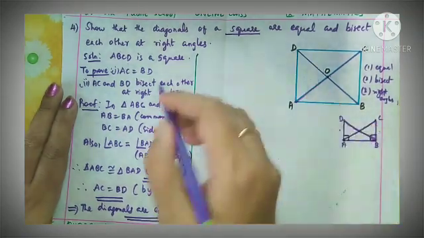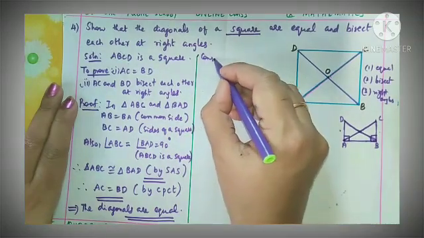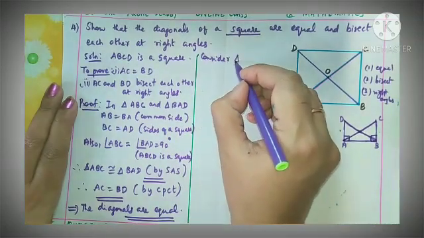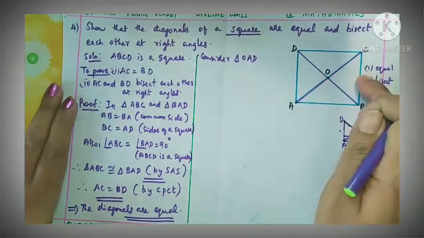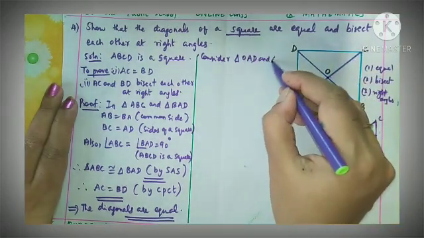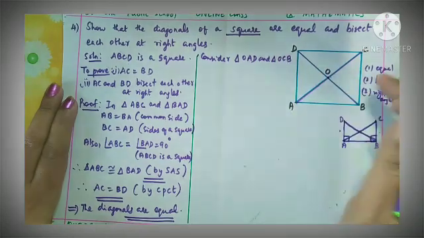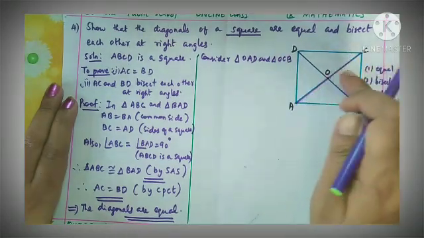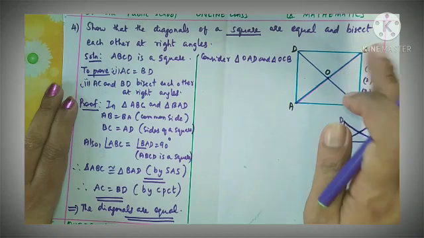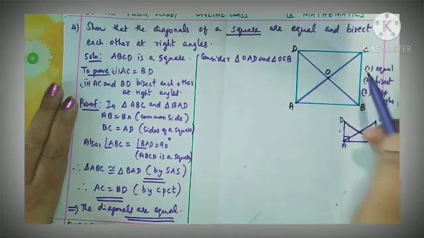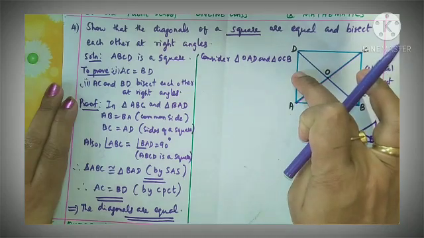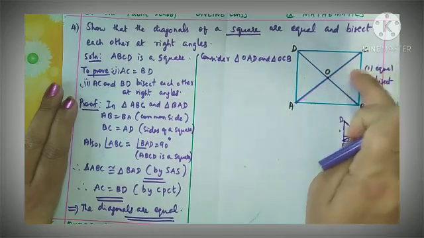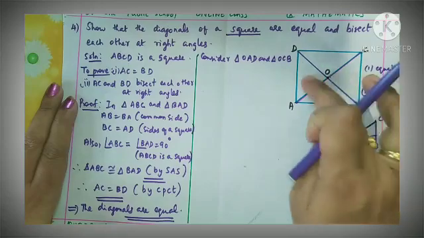So we are going to consider these two opposite triangles. First you write that: consider triangle OAD and triangle OCB. So these are the two triangles we are going to consider. What are the similarities you can say? In these two triangles you can say this side AD equal to BC, opposite sides, because in a square they are equal.